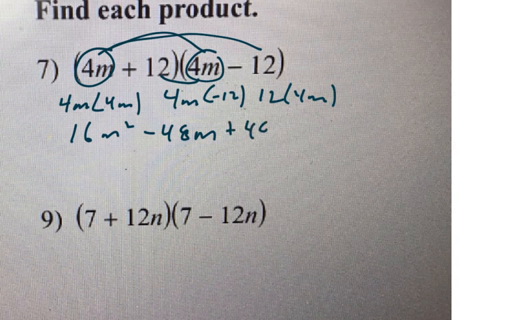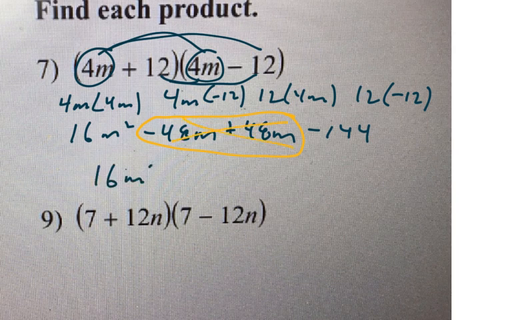That's a plus 48m. And 12 times minus 12 is a minus 144. Notice the m's actually cancel out this time in the middle. 48 minus 48 is 0. So my final result is 16m squared minus 144.